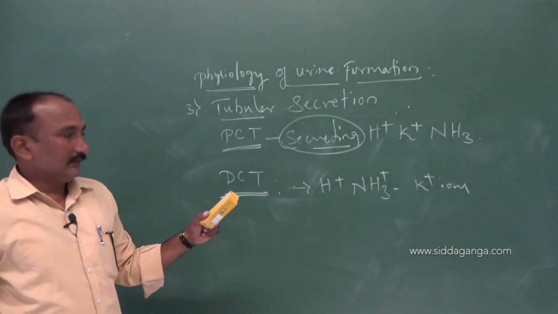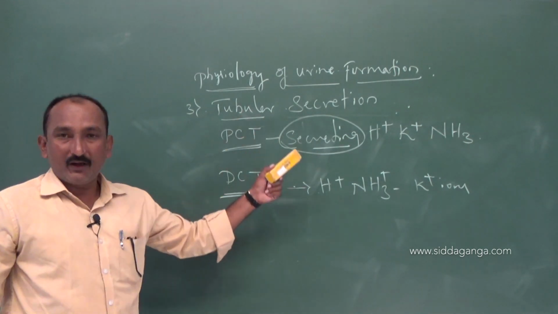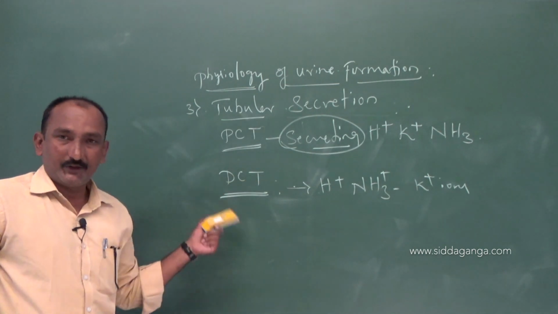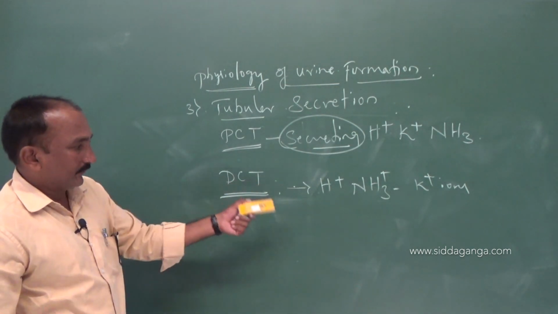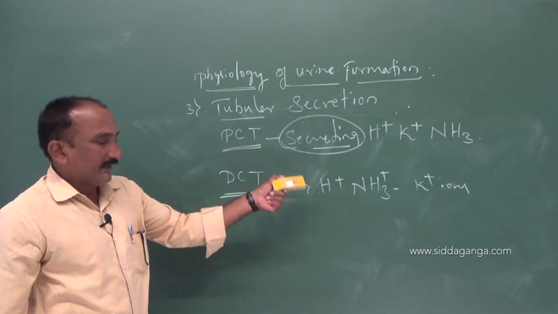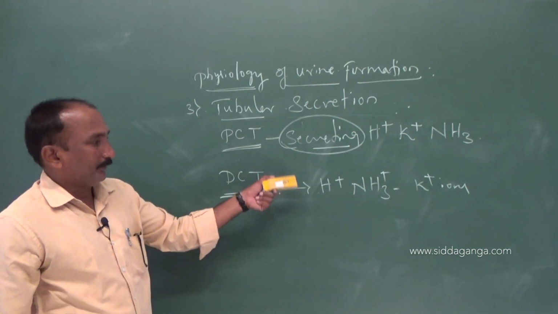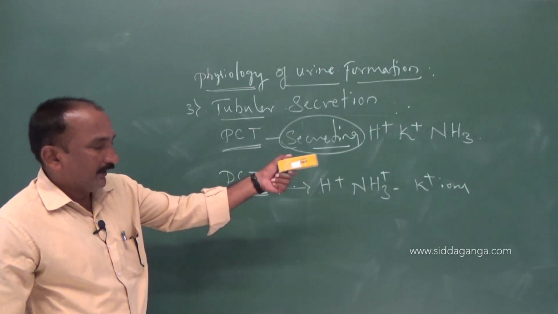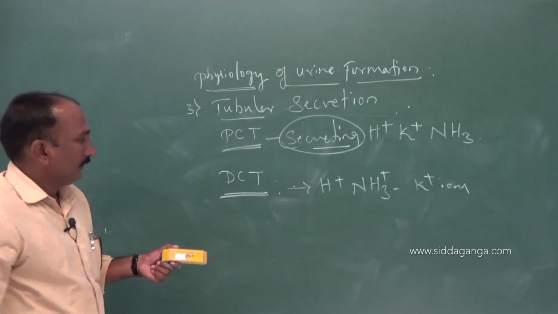The process is known as tubular secretion. For tubular secretion, the distal convoluted tubule is also involved by secreting H plus, that is hydrogen ions, ammonia and potassium ions.